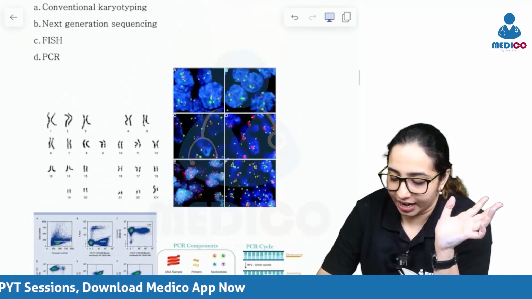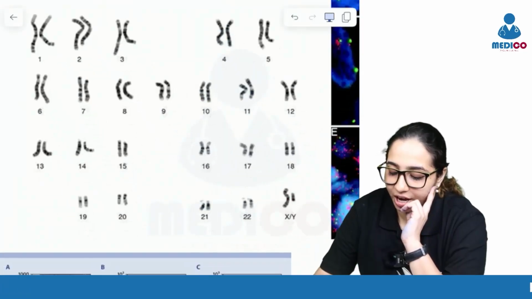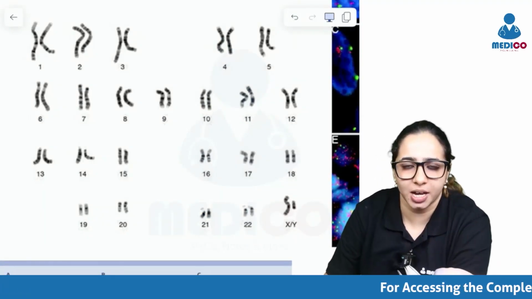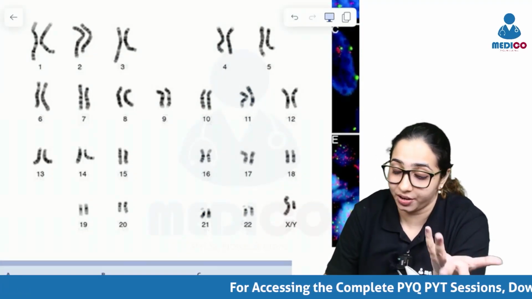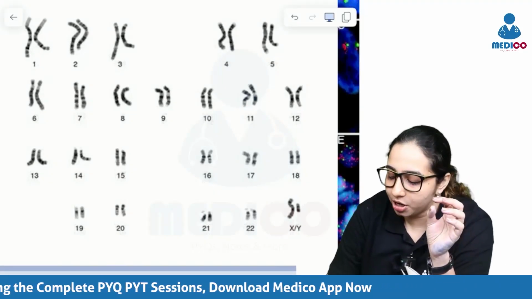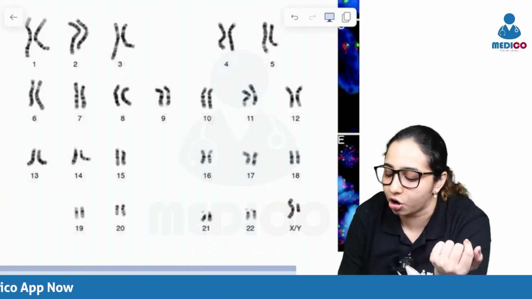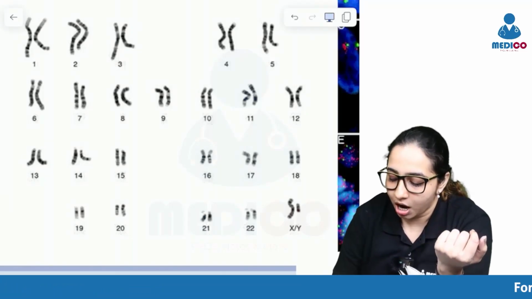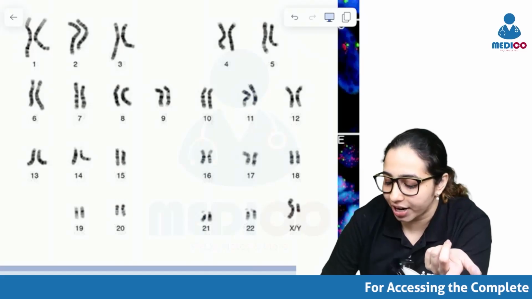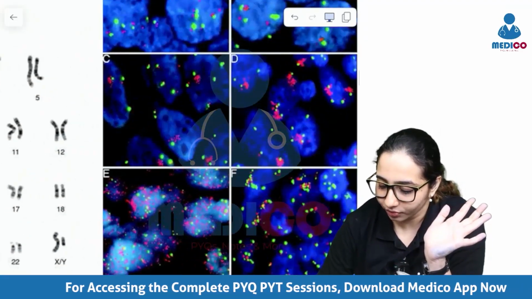Now here I have some photos of the other options. One, this is karyotype. I am sure everyone is very much familiar with this. But in karyotype, you cannot understand if a translocation has taken place because it is all the same color. So you need different colors to identify it, which conventional karyotyping cannot do.